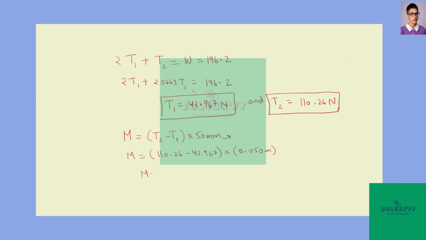So the moment that must be supplied by the motor when wheel A is in lock position will be 3.365 Newton meter. This value rotates the disc B when the wheel A is in lock position. So this is the final answer.